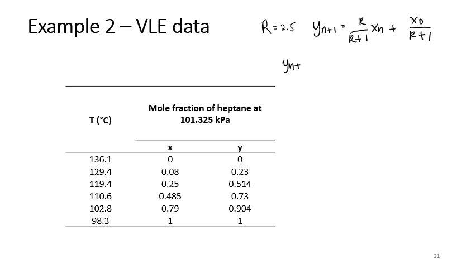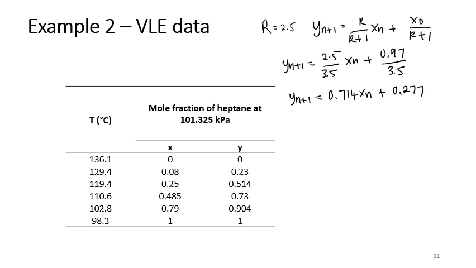So yn plus 1 equals 2.5 over 3.5 xn plus 0.97 over 3.5. Simplify the equation, equals 0.714 xn plus 0.277. So this is your ROL.